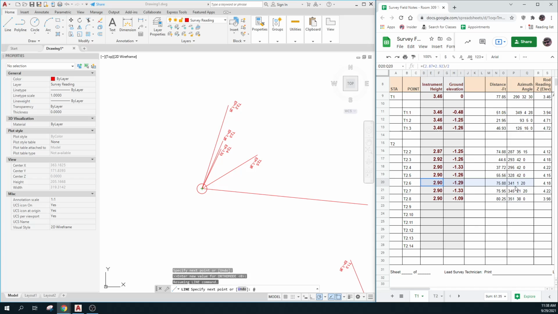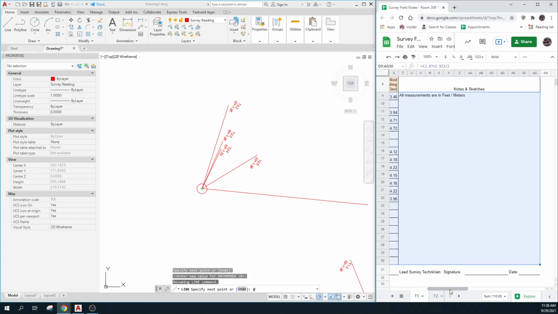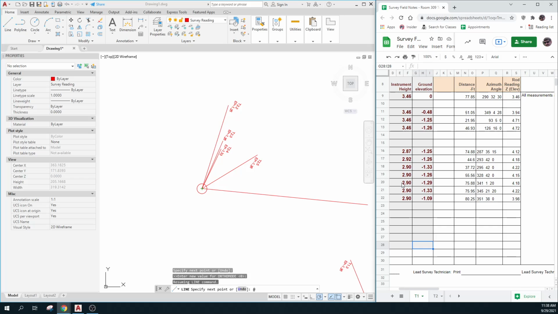Come over here and figure this one out. 75.88 at an angle 341 degrees, 1 minute 20 seconds.